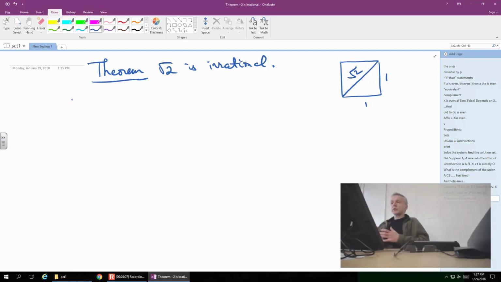As always, when we're facing a statement that we typically write in words, as I did, I could have made it even less algebraic by saying that the diagonal of a 1 by 1 square is irrational.